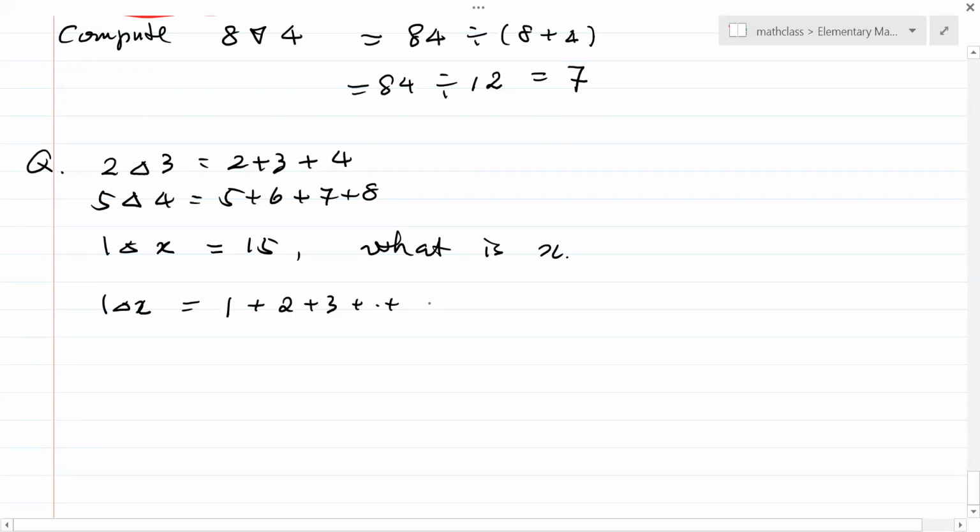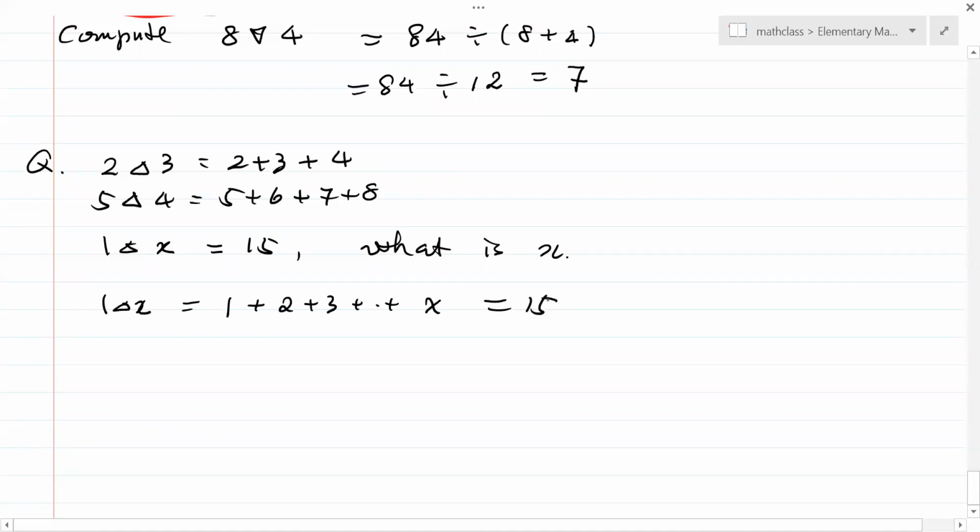The last term should be X because that tells you how many terms you have, right? 5 triangle 4 means you have 4 terms, beginning with 5. And 1 triangle X means you have a sequence of numbers beginning with 1. But that should be equal to 15.